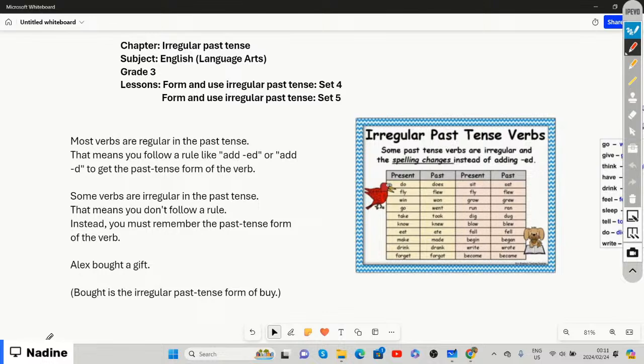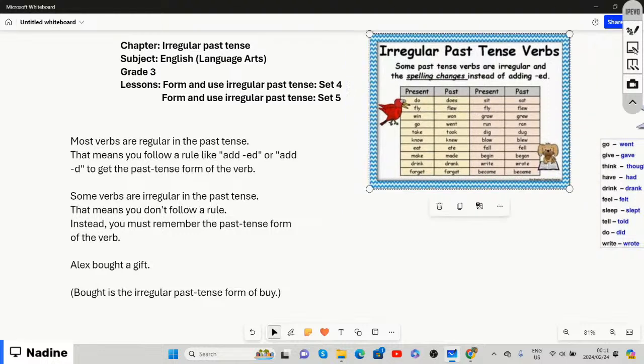And an example of that is, Alex bought a gift. All right.